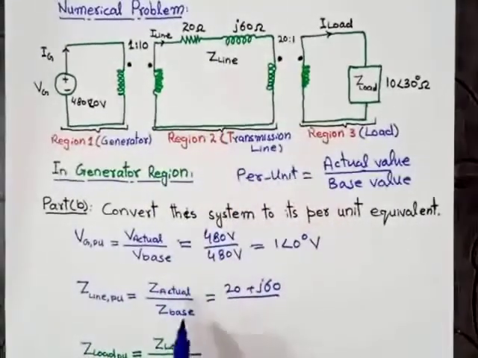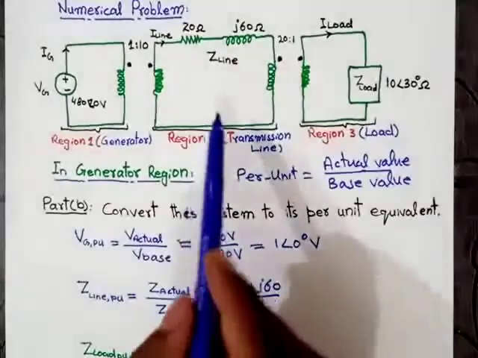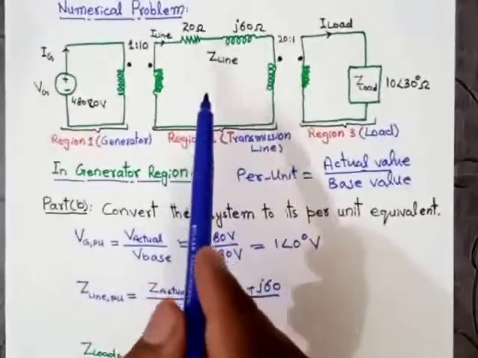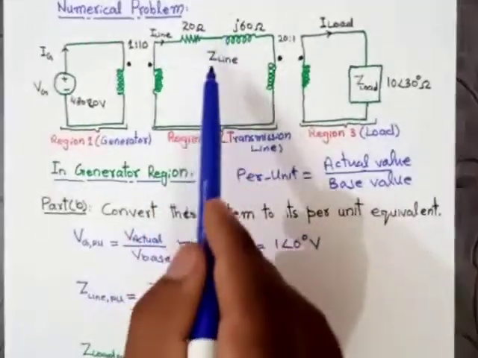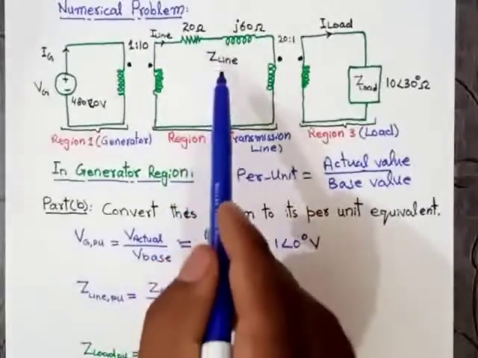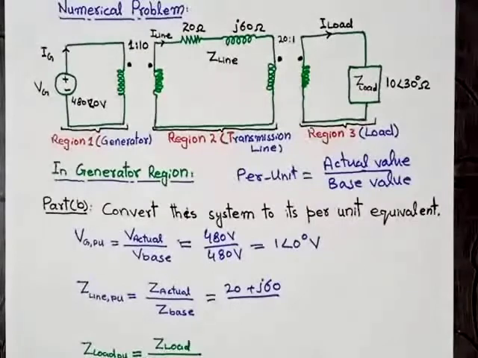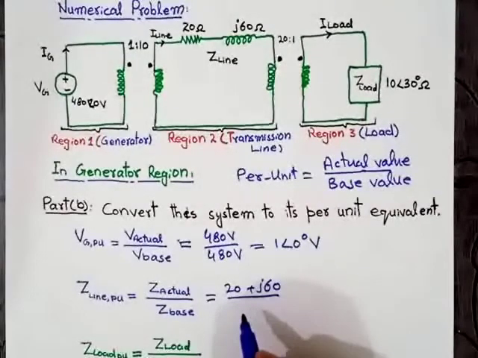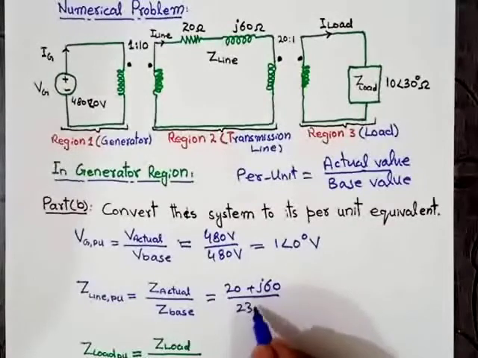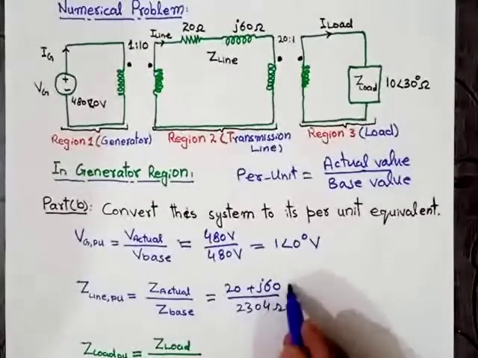Here we will use the base value of region number 2 because we are using the actual value of region number 2. The base value of region number 2 is, as we have already calculated in part A, 2304 ohm.